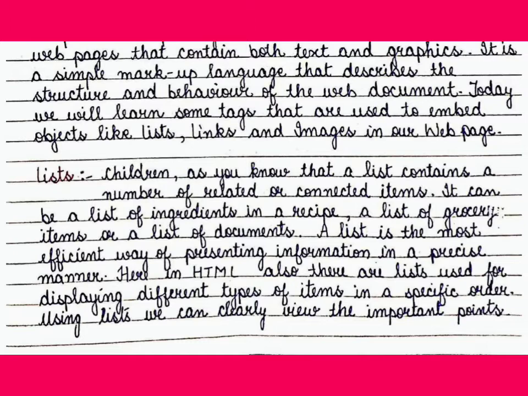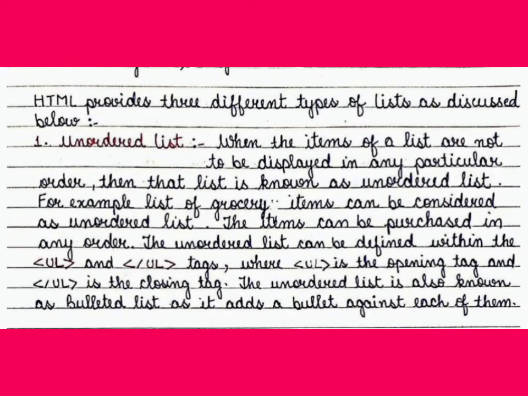Here in HTML also, there are lists used for displaying different types of items in a specific order. Using lists, we can clearly view the important points. HTML provides 3 different types of lists, which are as discussed below.